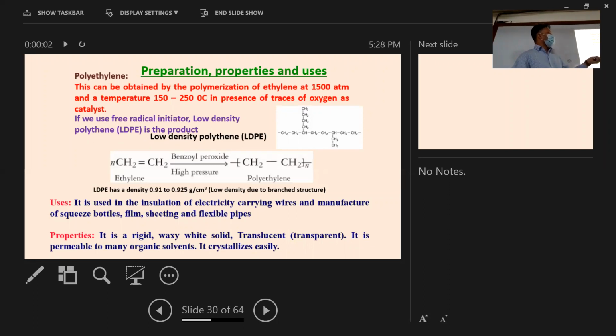So this is the structure mostly. In that case, there will be some void if there is another chain after this, so there will be some open space for the air when many molecules combine together. Therefore, it has a little bit low density.